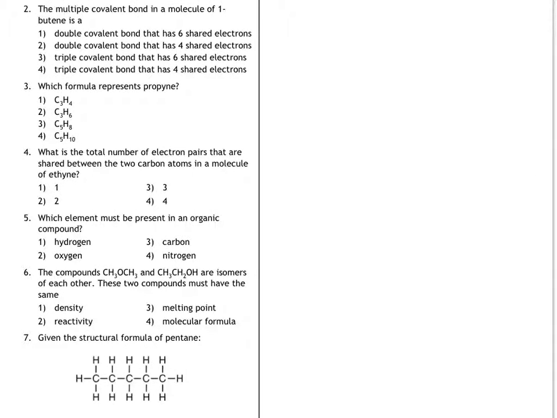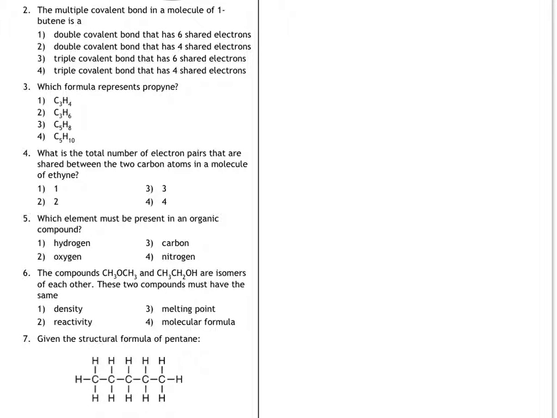For number 2, the multiple covalent bond in a molecule of 1-butene. First of all, I would point out that a butene molecule has 4 carbons, and because it ends in -ene, then I also know it has at least 1 double bond, with other bonds being single. And then you have to have 4 bonds for every carbon.